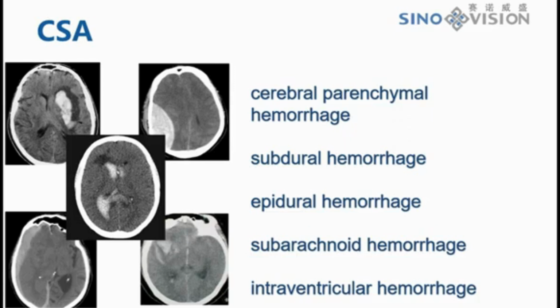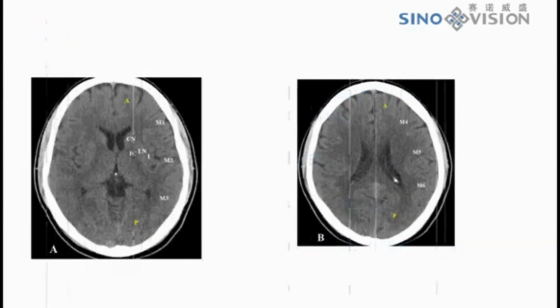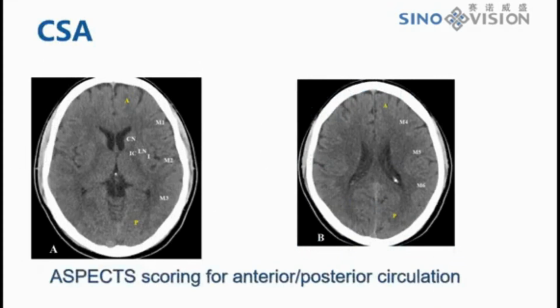Among them, cerebral hematoma analysis can realize automatic detection of cerebral hemorrhage types, including cerebral parenchymal hemorrhage, subdural hemorrhage, epidural hemorrhage, subarachnoid hemorrhage, and intraventricular hemorrhage, etc., and can also perform semi-automatic extraction and parameters quantitative analysis. Cerebral infarction analysis enables ASPECTS scoring for anterior or posterior circulation and performs quantitative analysis of parameters on ischemic tissue.